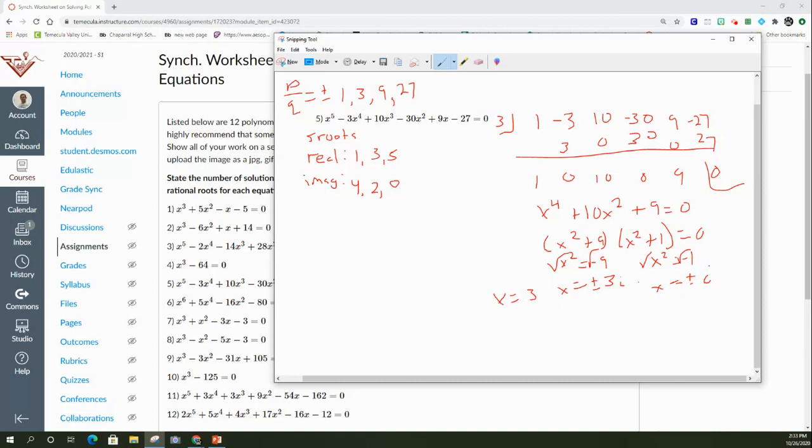So I have 5 total answers: 4 imaginary answers, positive 3i, negative 3i, positive i, and negative i, and 1 real. That real is rational, and 3 would be the only one that works out of that list of 8 different numbers. Let's do one more for you guys.